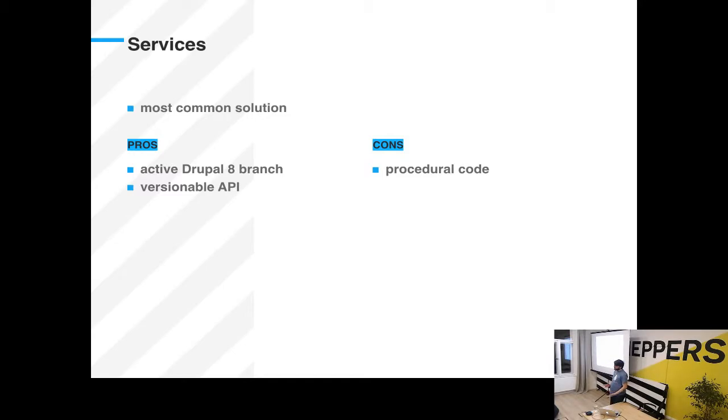I used the Services module maybe a year ago, and I believe that versionable API wasn't available at the time. The con is procedural code. It doesn't have to be a con from the Drupal 7 point of view, because as we all know, Drupal 7 was written in a procedural way, so it's a minor con.